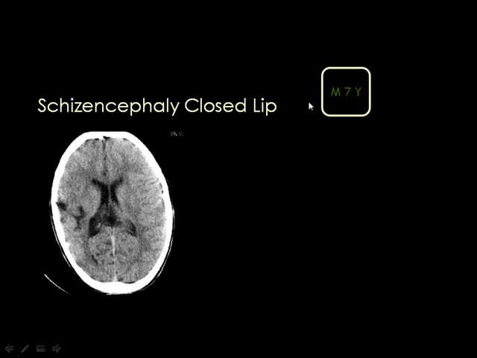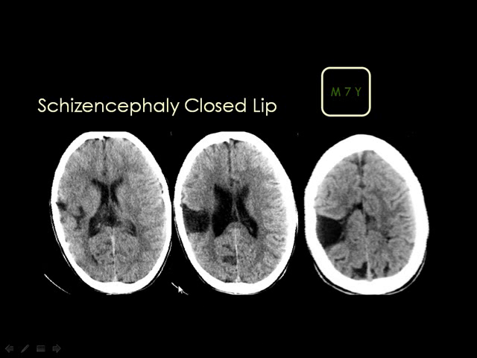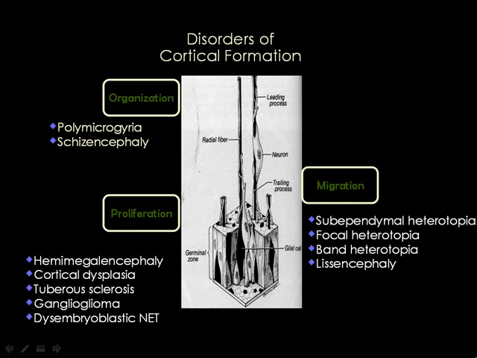Then you can see in this male 7 years old a diverticulum in the wall of the ventricle and a cleft. And the rest of the images showed that the cleft does not communicate actually with the ventricle, and this is schizencephaly, the closed lip type.